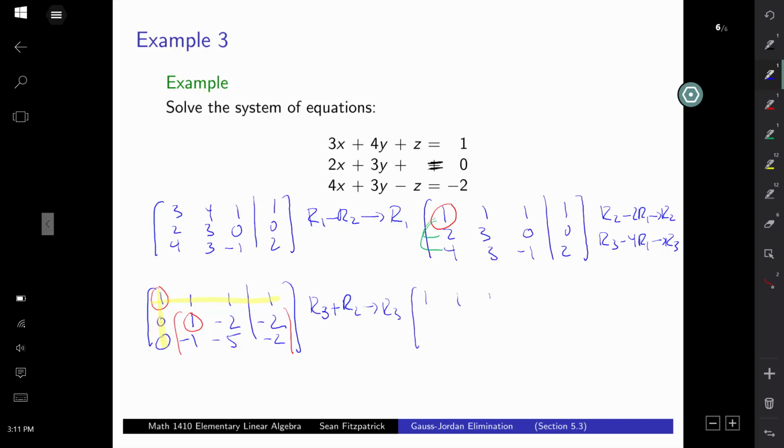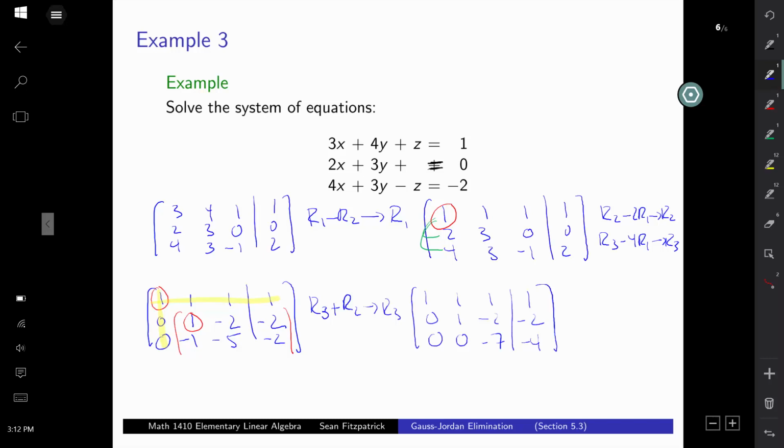1, 1, 1, 1, 0, 1, minus 2, minus 2, 0, 0. So minus 5, minus 2, minus 7, minus 2, minus 2, minus 4. Okay, at this stage, you've got no choice. You've got to bring in the fractions.